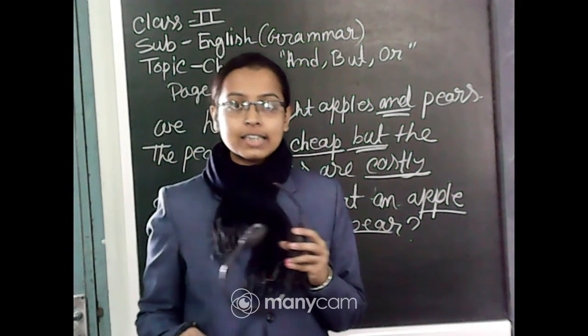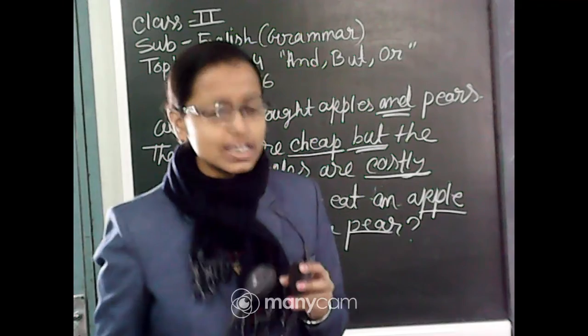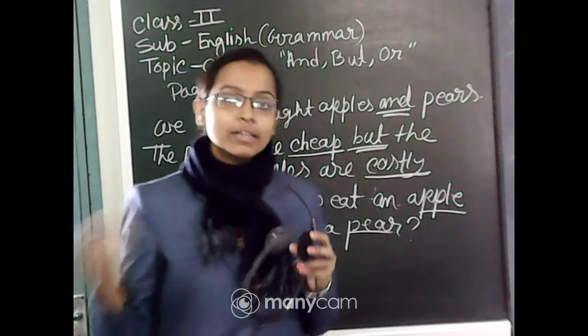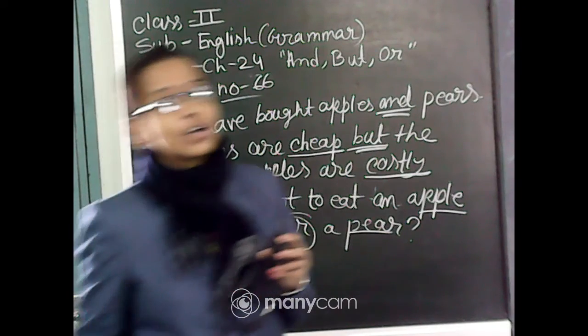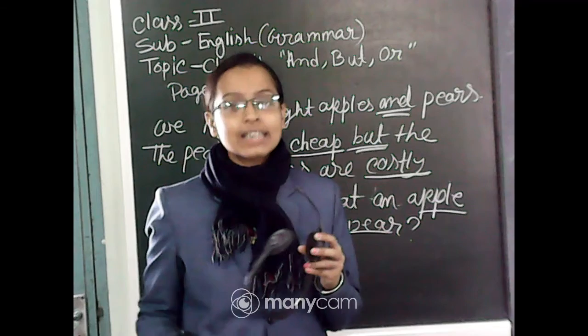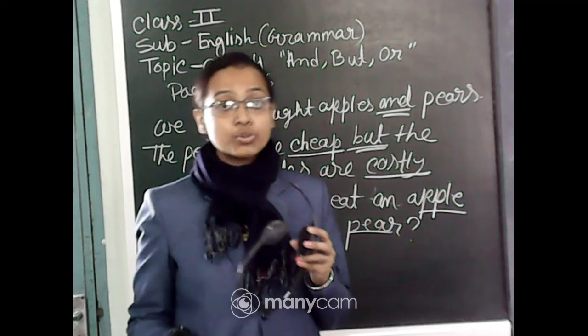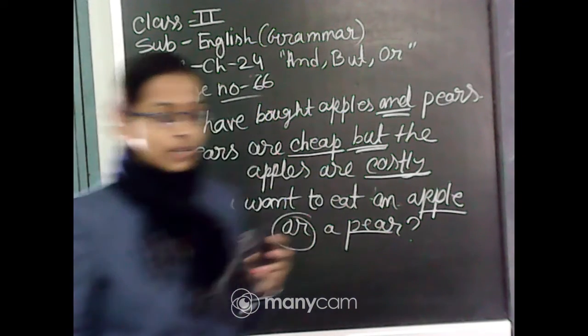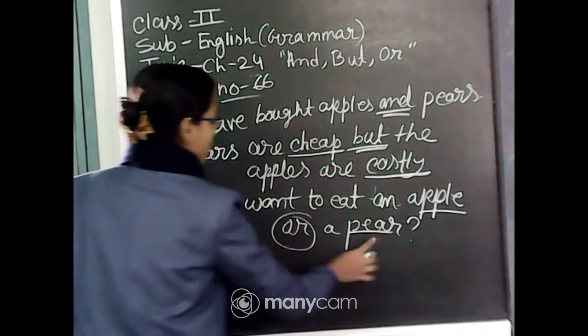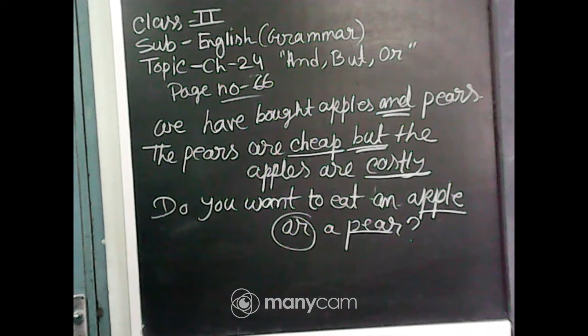Here it is saying two things, but it can be more than two also. But in this sentence we need to choose between apple or pear, meaning the two things. So in this case we will use or to join the words or sentences. That's why we have used or.